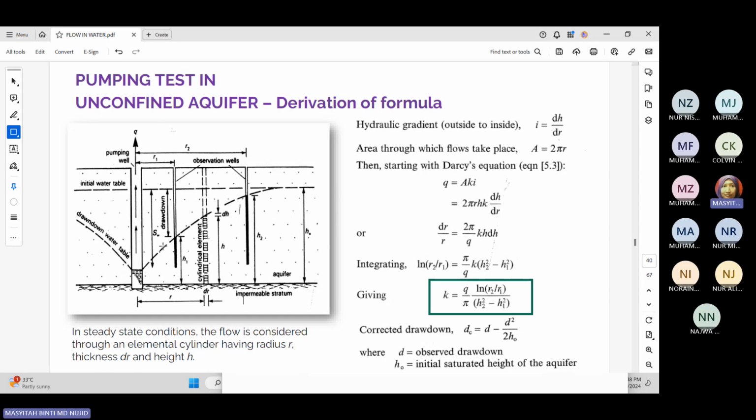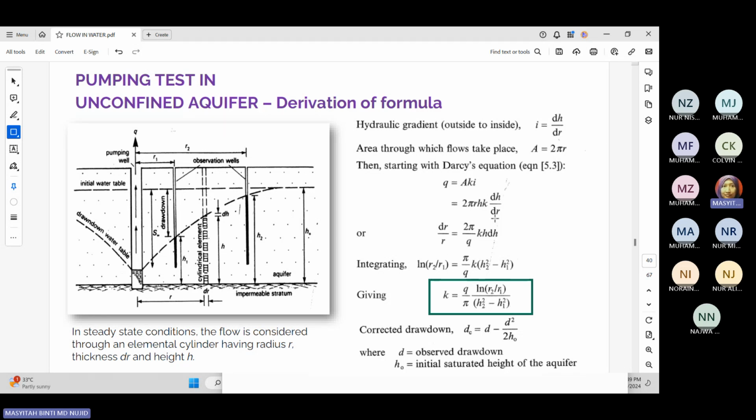Okay, apa yang berlaku is that the formula also changes kalau melibatkan drawdown. So again, to derive the equations, taking the flow rate assumptions with a cylinder having a radius R, thickness dR, and also the height H. And you take the Darcy law concept: you have hydraulic gradient, kemudian you have flow rate through a certain sectional area.